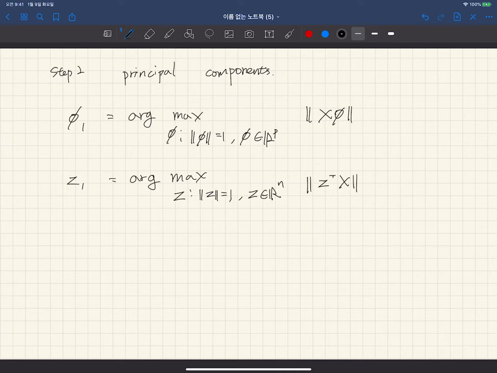So this is the first principal component of matrix X from the left hand side.